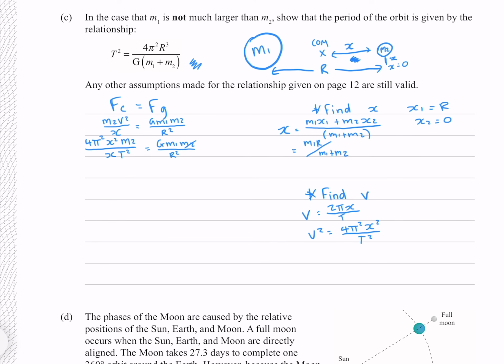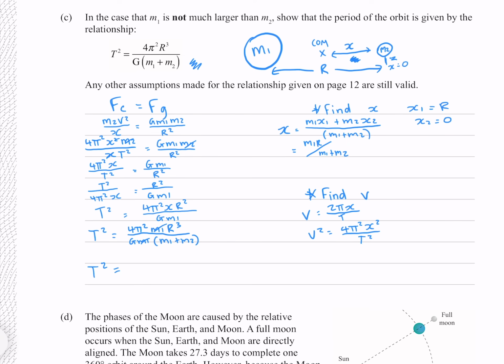We can divide out our m2 and also our x from our power, solving for T² by flipping both sides, and now multiplying both sides by 4π²x, substituting in for our x, dividing out our m1, gives us our final equation.